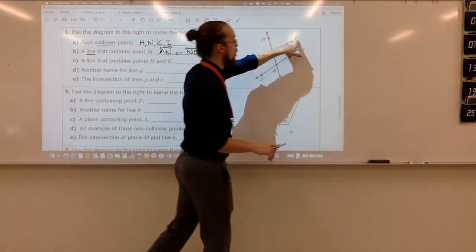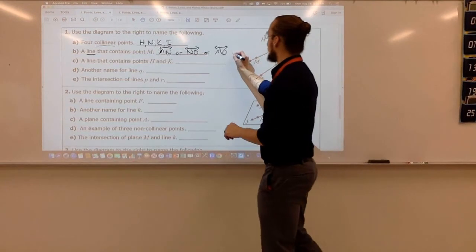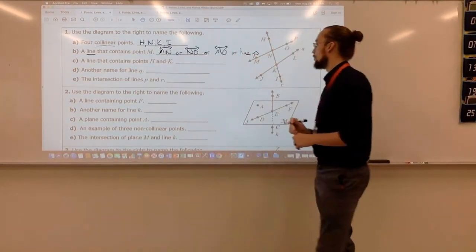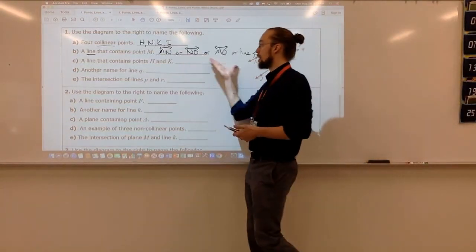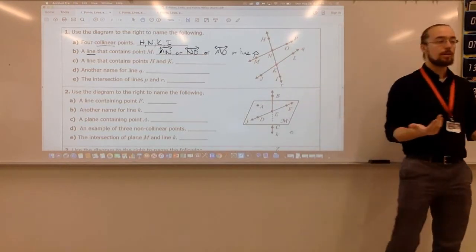Yeah, we've got a lowercase script letter to name it as well. Right? So we could even call it line P. Now, when you're doing these on your own, you don't have to write out all of the possibilities, right? You just have to choose one, okay? But for now, I'm going to show you all of the possibilities, okay? So we named this line 4 different ways.